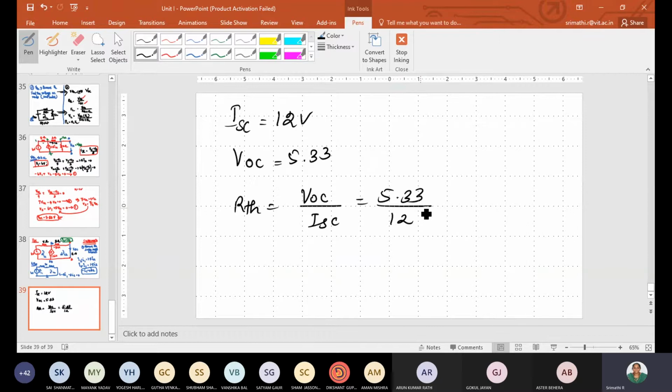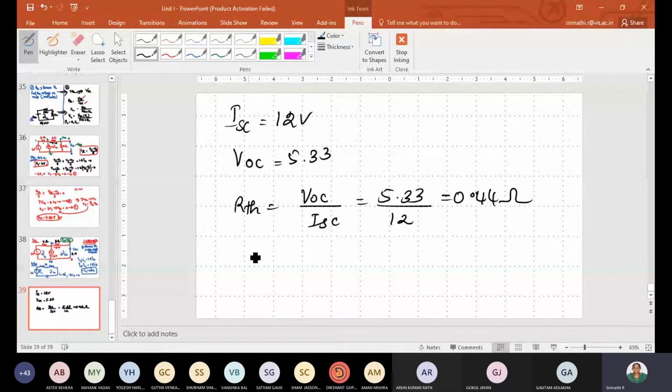What is the answer? 0.44 ohms. Yes, ma'am. So 0.44 ohms.